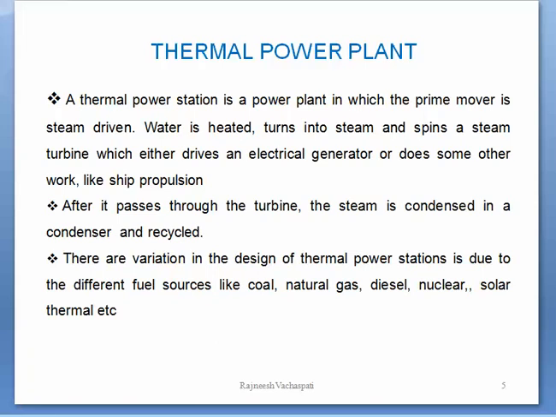The steam, when it passes through the turbine, gets condensed in a condenser and recycled, because the steam is produced with DM water, which is very costly in nature, and we can't afford to just waste it.